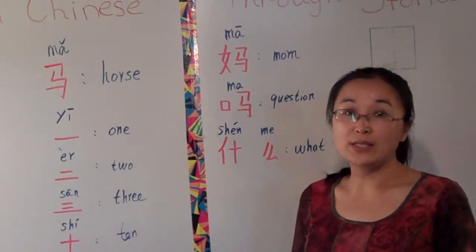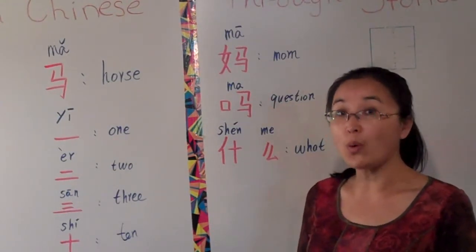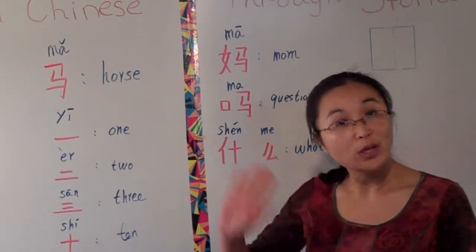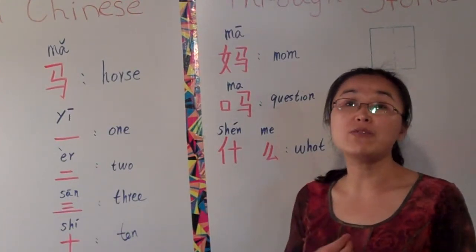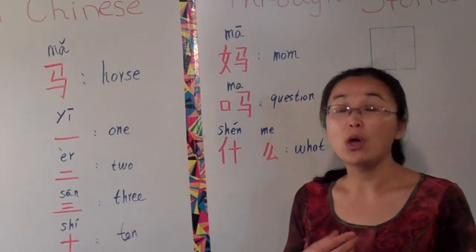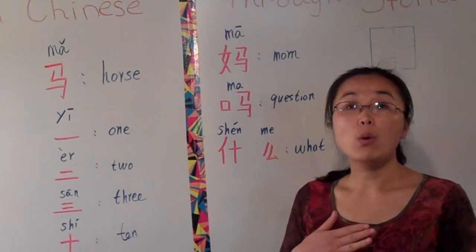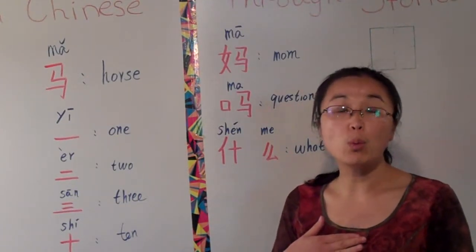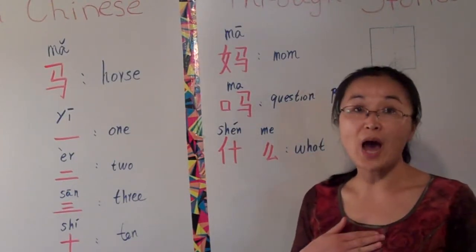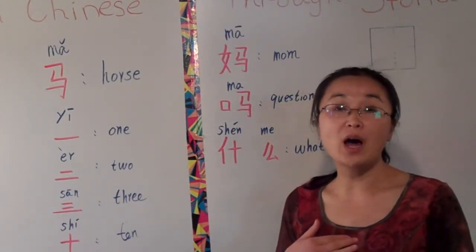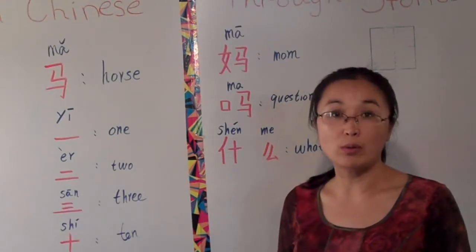In the last two classes, we learned how to greet people in Chinese. 你好, 你好, 你好. And we also learned how to do a self-introduction in Chinese. 我叫亚妮，我姓 Walter. Okay, let's put it together. 你好，我叫亚妮，我姓 Walter.